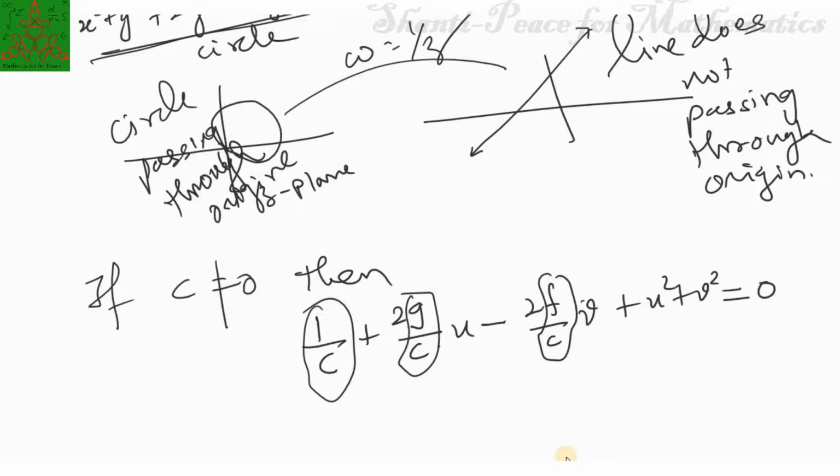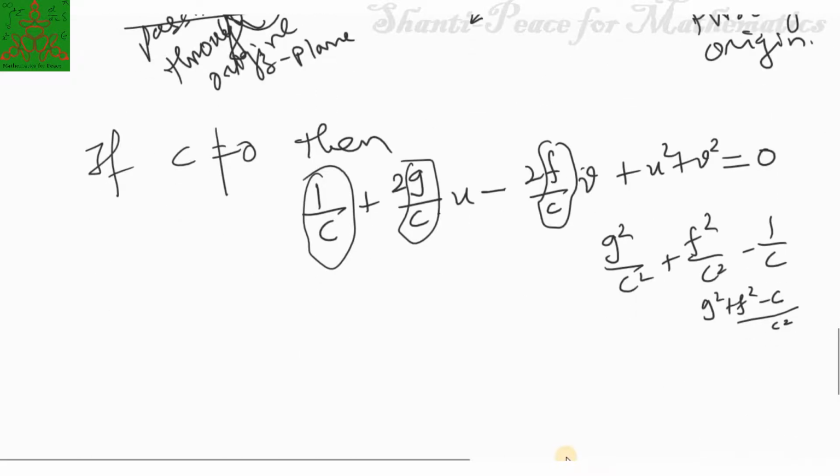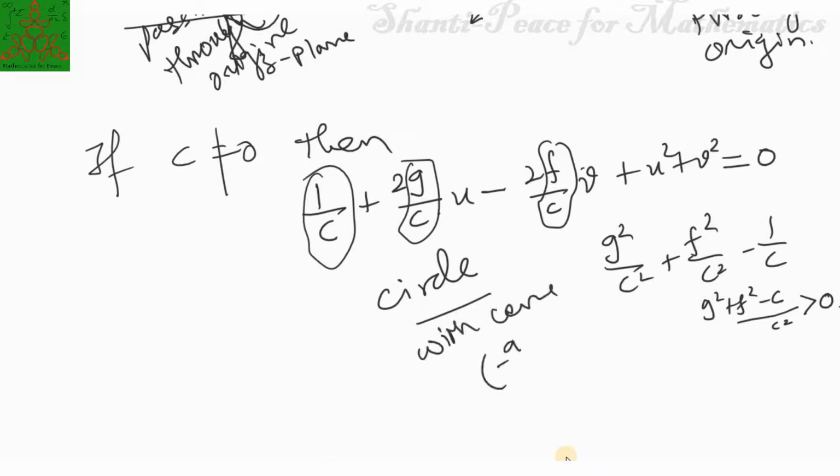So let's calculate that: g square upon c square plus f square upon c square minus 1 upon c. That is g square plus f square minus c upon c square, and g square plus f square minus c is already greater than 0. So this is greater than 0. That means this represents a circle with center minus g by c, f by c, and the radius is the square root of that.